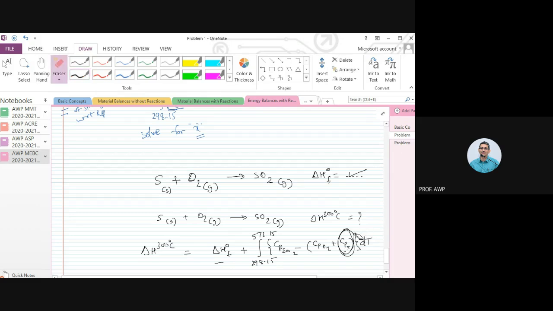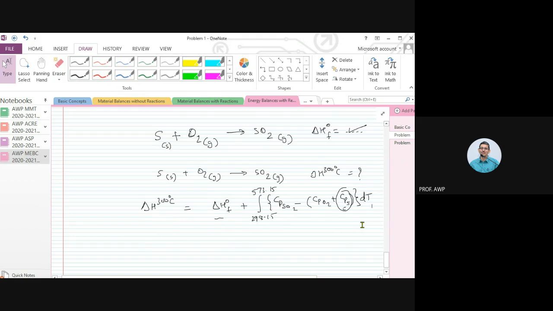But I mean these weird things, why should we consider? See, the bigger problem, I mean, these are simple compounds, therefore the heats of formation are known, right?